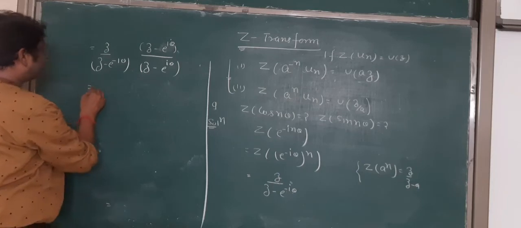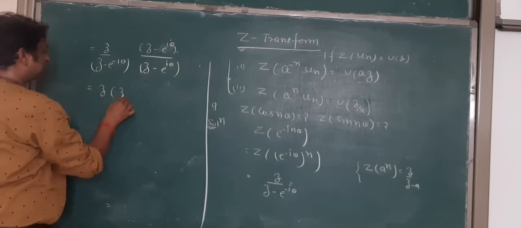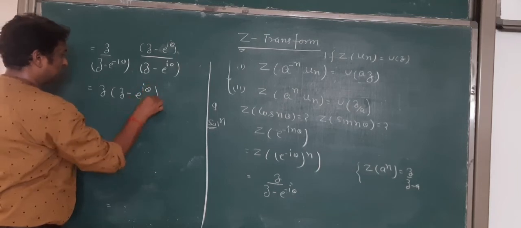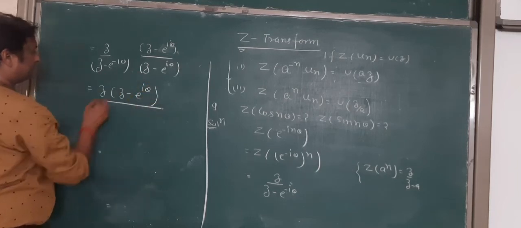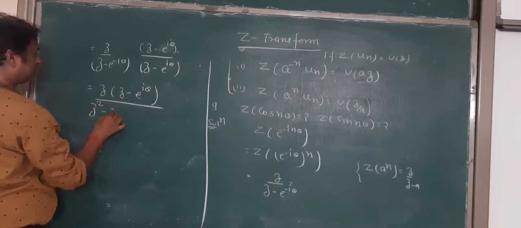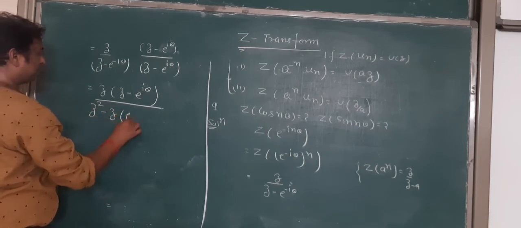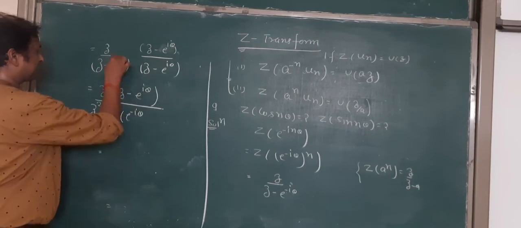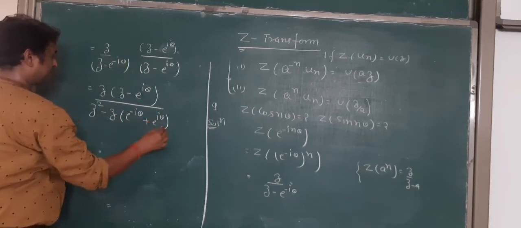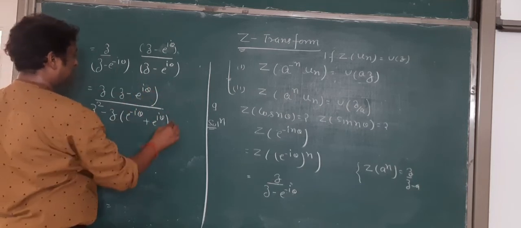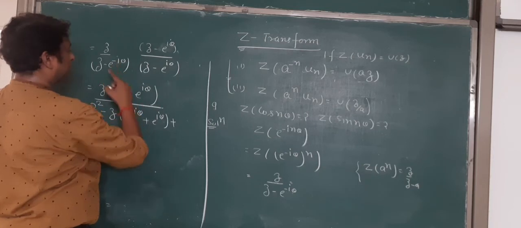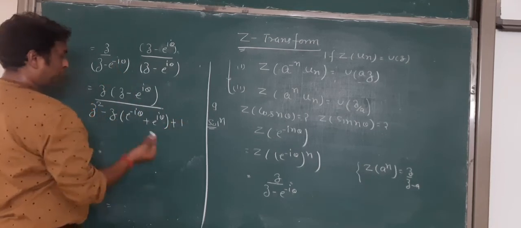So what do we get? z times (z minus e to the power iota theta) upon z square minus z times (e to the power minus iota theta plus e to the power iota theta) plus e to the power iota theta times e to the power minus iota theta, which is e to the power 0, that is 1.